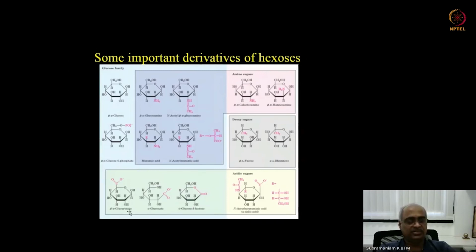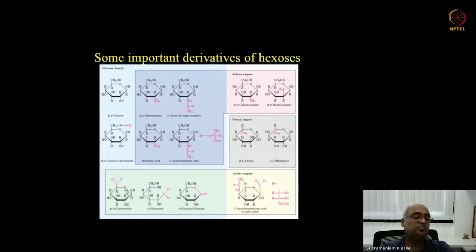Then you may have a situation where the aldehyde group here, this anomeric carbon, may be oxidized to a carboxylic acid form, and they are called aldonic acids. So glucose gives gluconic acid, or gluconate in the ionized form. And they usually react with this alcohol group and form a ring structure called glucanolactones.